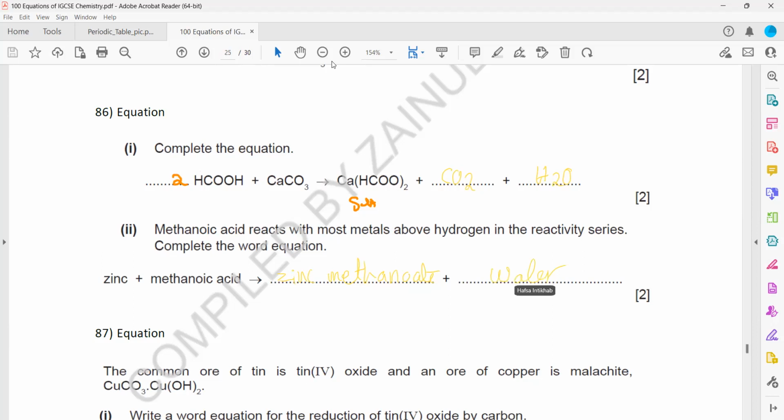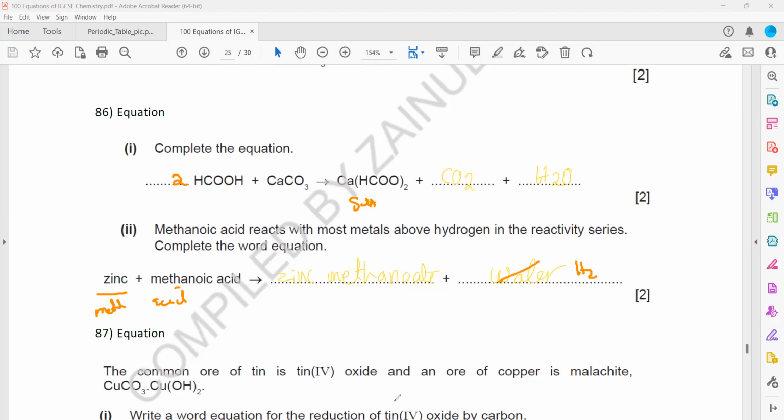So zinc methanoate plus not water, because it's an acid plus metal, so it should be hydrogen, because metal plus acid gives hydrogen. So this should be H2.